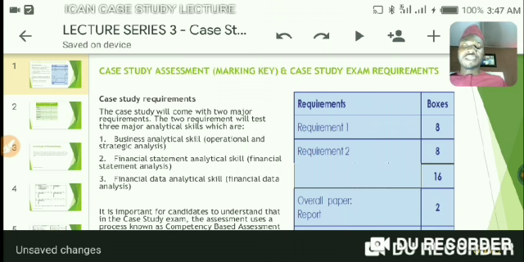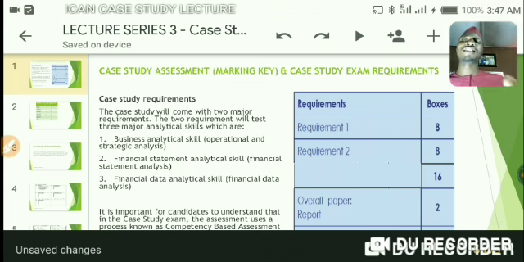Now, for the examiner to assess each of these requirements, the examiner will break each requirement into 8 skill boxes. Listen, 8 skill boxes means that under requirement one, you are expected to do 8 key things for you to have proper analysis of that requirement.